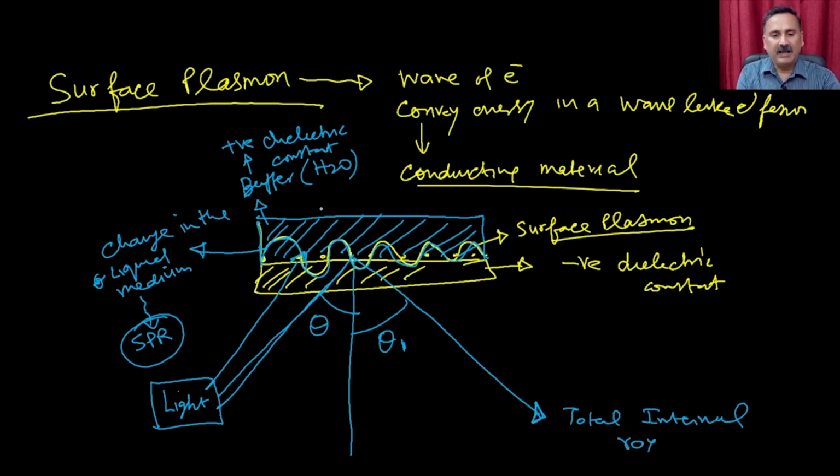Now, if you make a modification in the external environment, for example by introducing a ligand molecule, you are changing this particular surface, right?